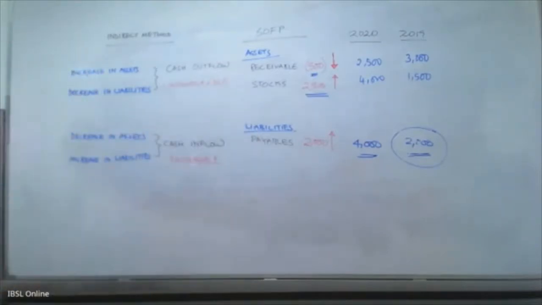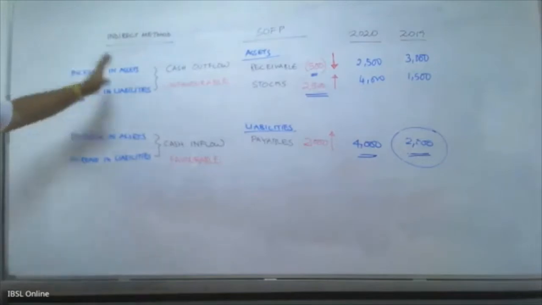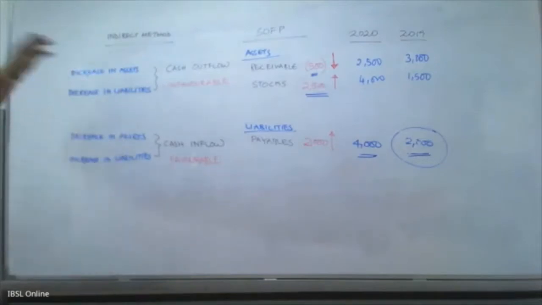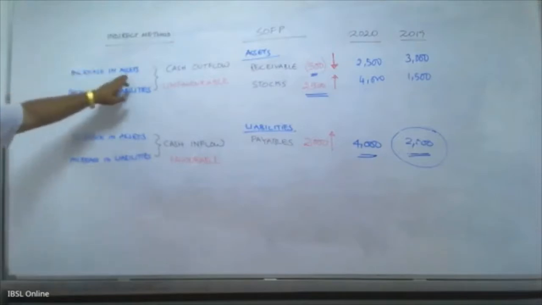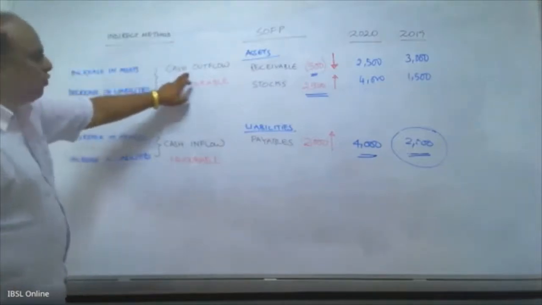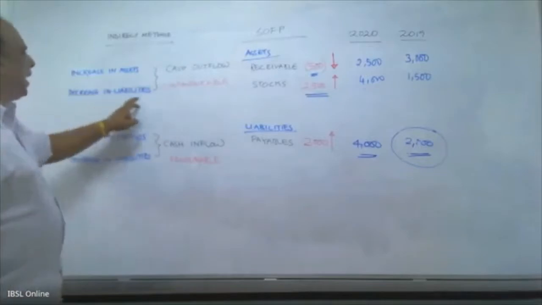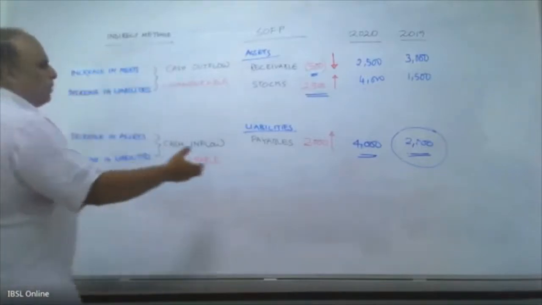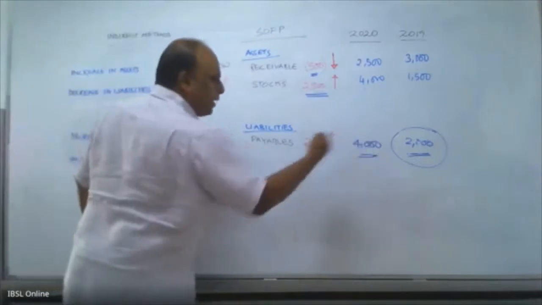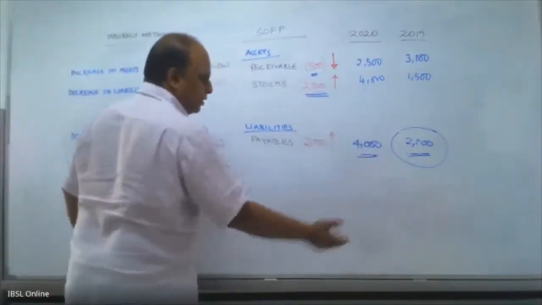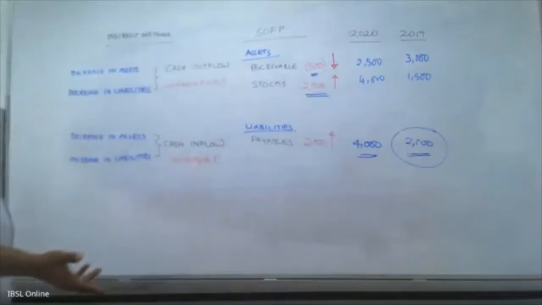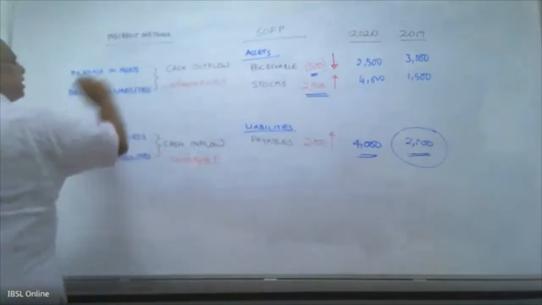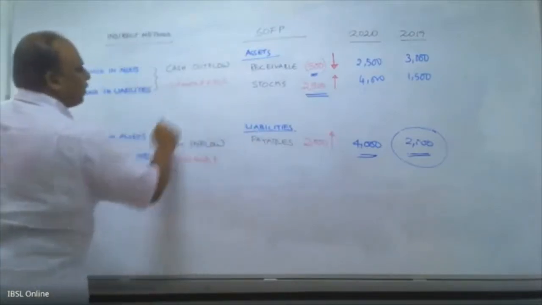So actually speaking, this is the ultimate summary that you have to remember. Increase in assets is a cash outflow. Decrease in liability is also a cash outflow, because liability can come down only when you pay cash. So it's a cash outflow, which means it is unfavorable to you.